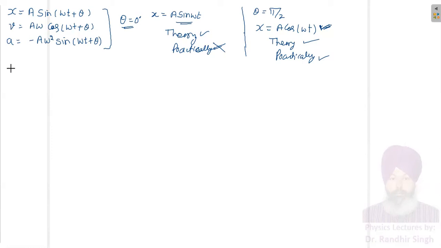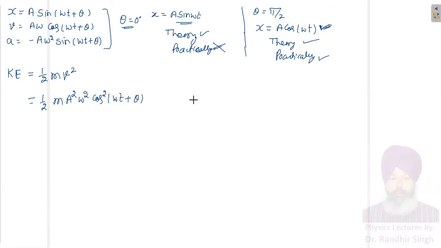Let us now find the kinetic energy. Kinetic energy is actually half mv square. So that will be equal to half m v, which we have already found, so it will be a square omega square cos square (omega t plus theta).